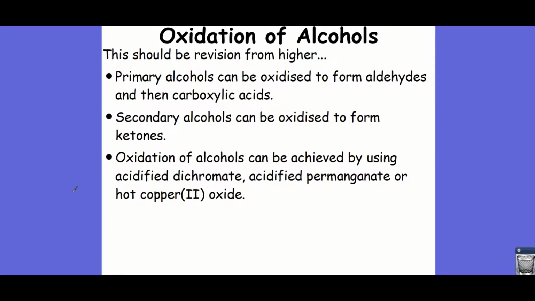So another useful reaction of alcohols is the oxidation of alcohols, which, as I've said before, you should be aware of from higher, but just a very quick bit of revision. If you have a primary alcohol, you can oxidise that into an aldehyde, and that can be further oxidised into a carboxylic acid.